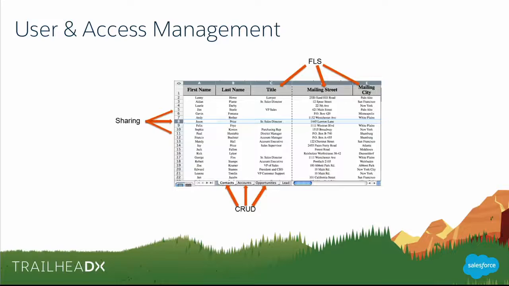A delete permission would allow a user to delete records from an object. And then within an object, like within a table, you have field level security. That's FLS. That controls what fields you have access to. And then sharing is sort of record level or row level permissions. So we need to manage access at each of those levels.